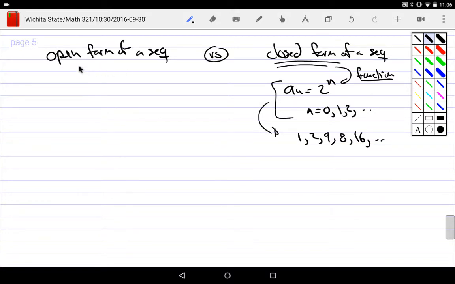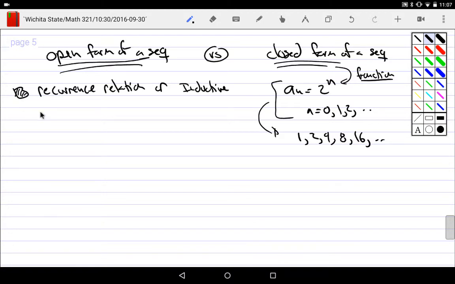The idea of an open form, on the other hand, is what's called a recurrence relation, or inductive. So recurrence relations are this. The way this works is you start off and you have a basis. Say the very first number is 1. We start off with a beginning. I tell you the first number or numbers of the sequence.